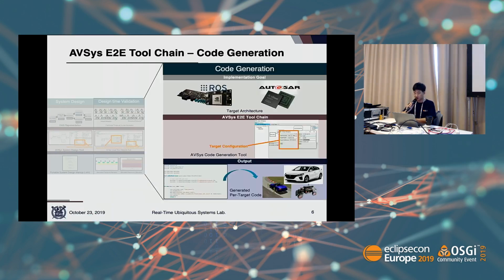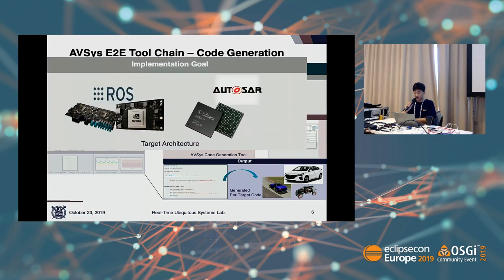And the final stage is code generation. These are the implementation goals. We have several target architectures, like the NVIDIA board and ROS, or Infineon and AUTOSAR.